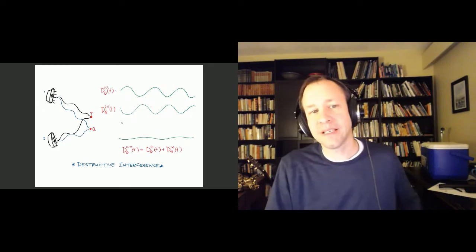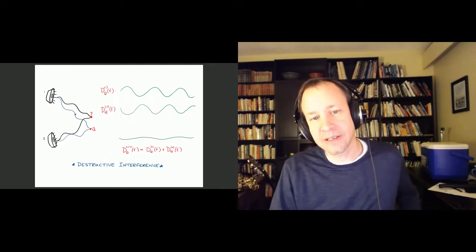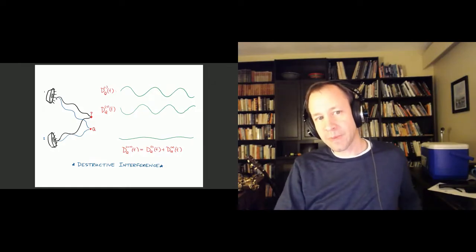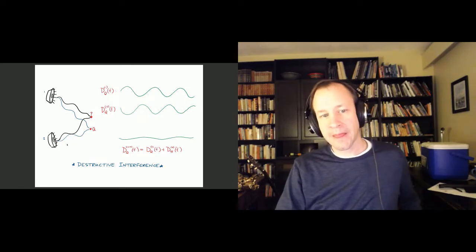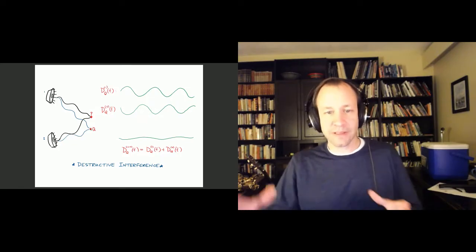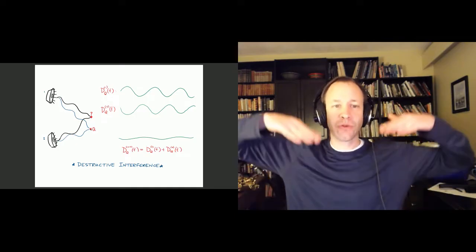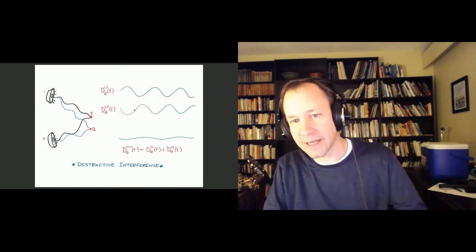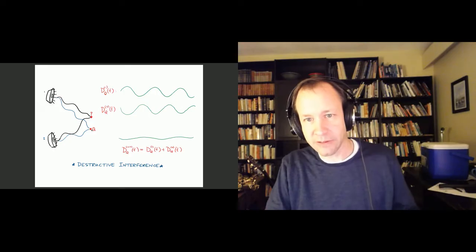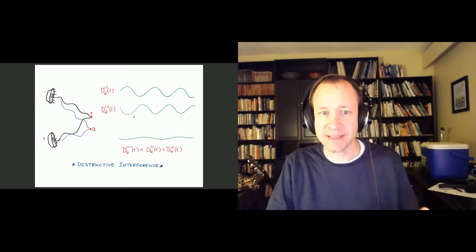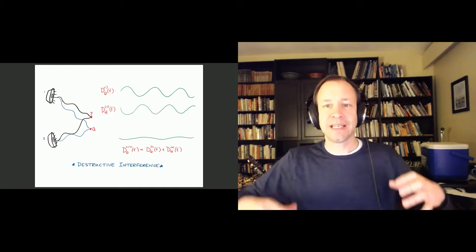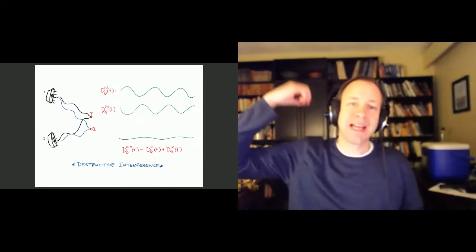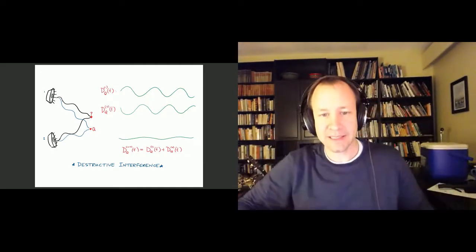This is what we call constructive interference, because the two waves are adding up constructively. In contrast, if we think about a point Q at a slightly different location, the wave from speaker number 1 has to travel a little bit further, and the wave from speaker number 2 has to travel a little bit less. So if the two waves were in phase coming out of the speakers, they might end up being out of phase at location Q. Even though both sound waves are meeting at Q, they can cancel each other out or partly cancel each other out.